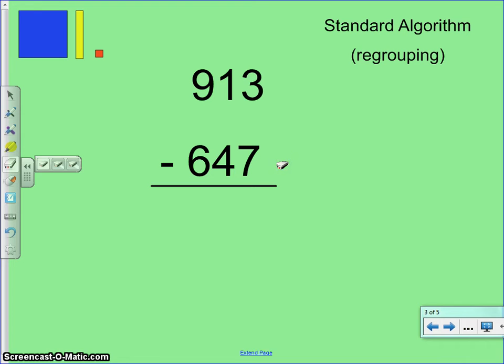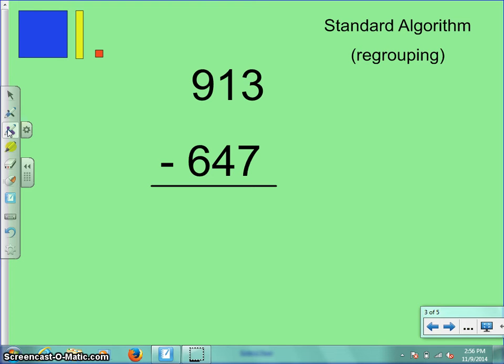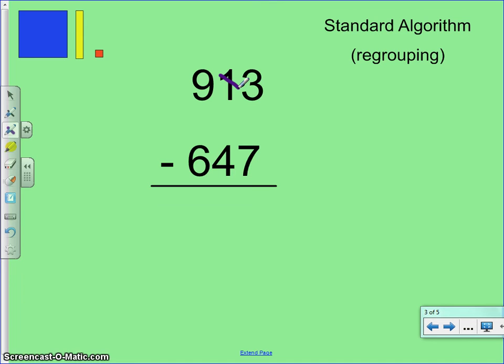So I have 3 ones and I can't subtract 7 ones. So what I do is I go to my tens place and I turn 1 ten into 10 ones. So that becomes a 0, because if I subtract 10 from 10, it becomes 0. I add that 10 into my 3. So 10 ones plus 3 ones is going to turn into 13 ones. 13 minus 7 equals 6.